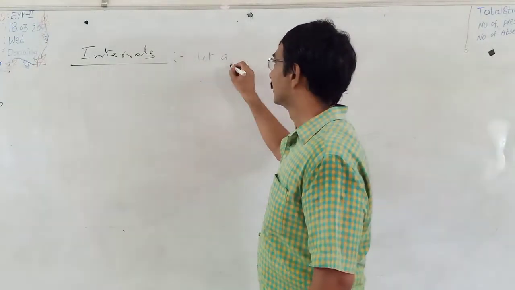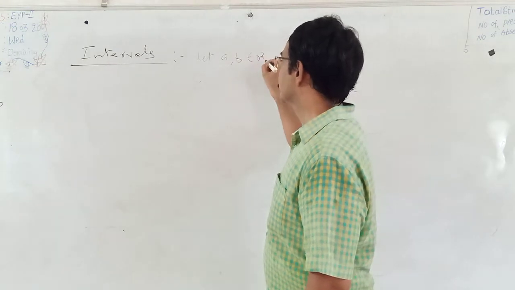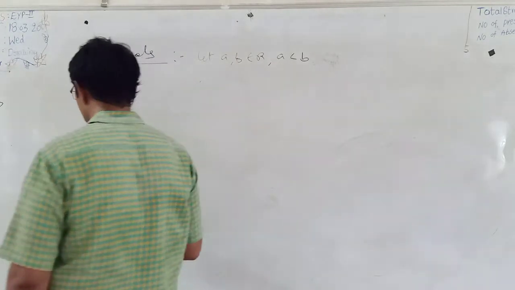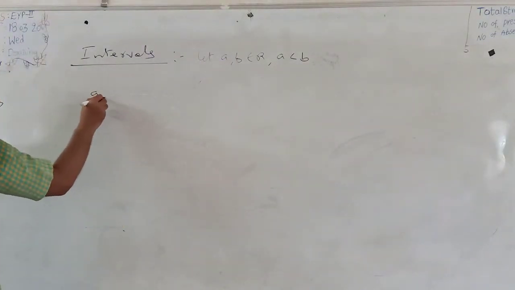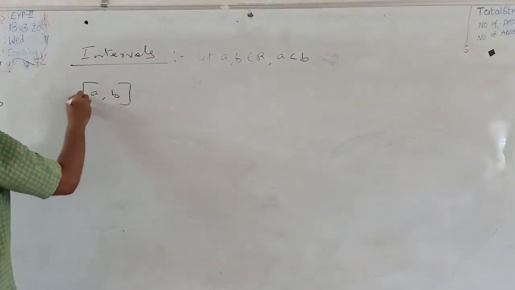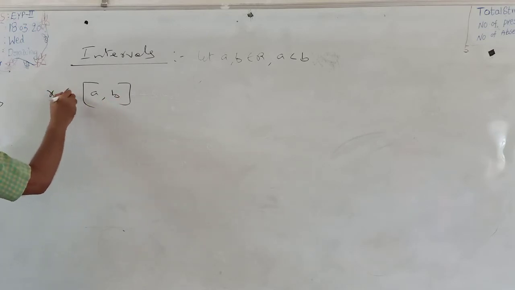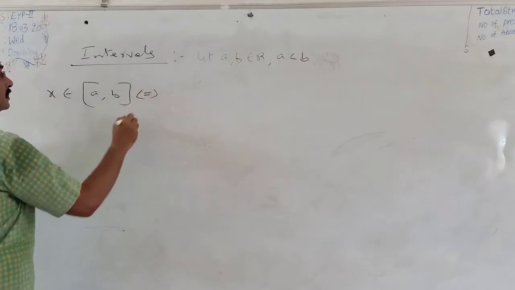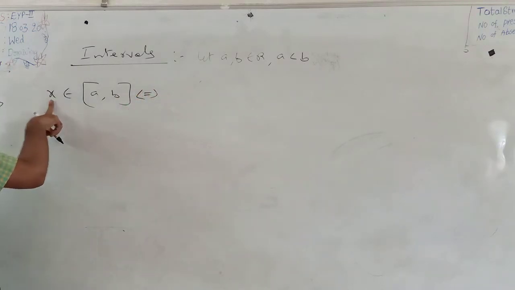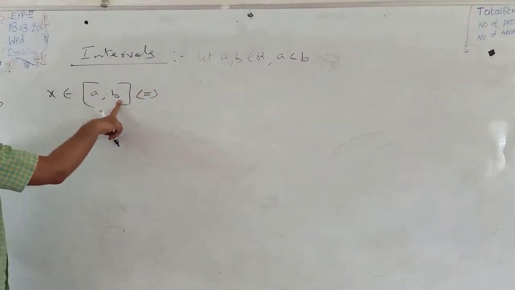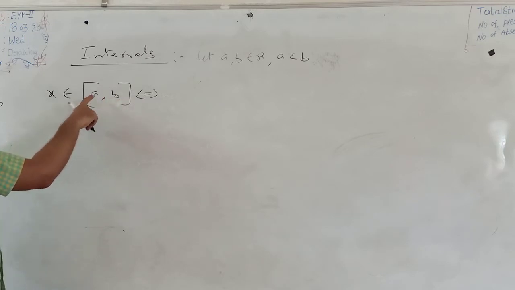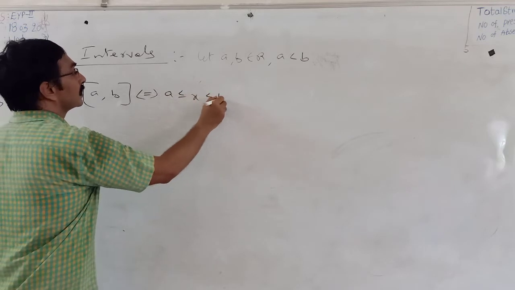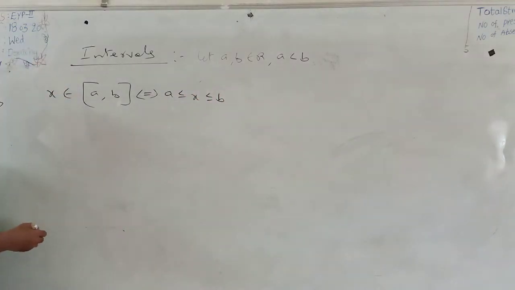See, a comma b are any two real numbers, and a is the smaller one, b is the bigger one. This is the closed interval of a comma b. X belongs to the closed interval of a comma b means the value of x lies between a and b, and also equal to a and b. So that means a is less than or equal to x, which is less than or equal to b.